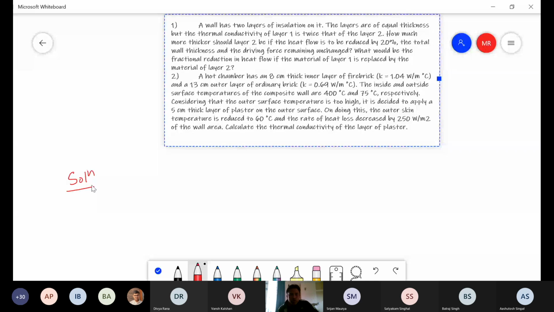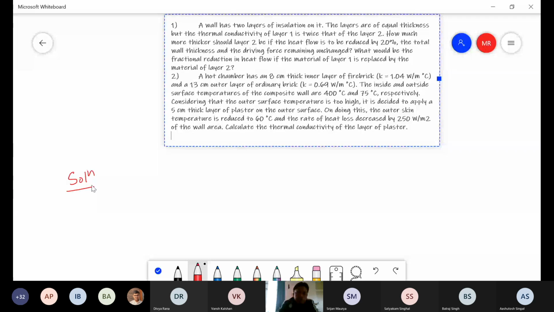How much thicker should layer 2 be if the heat flow is to be reduced by 20%? The total wall thickness and the driving force remaining unchanged, what would be the fractional reduction in the heat flow if the material of layer 1 is replaced by the material of layer 2? Question 1.